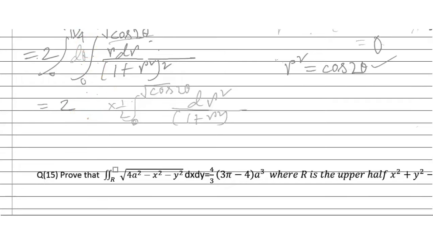And write this way, 0 to pi by 4 into d theta, it can be written so that we get the value, it is the whole square, and we get minus 1 by 1 plus r square, from 0 to root over cos 2 theta.